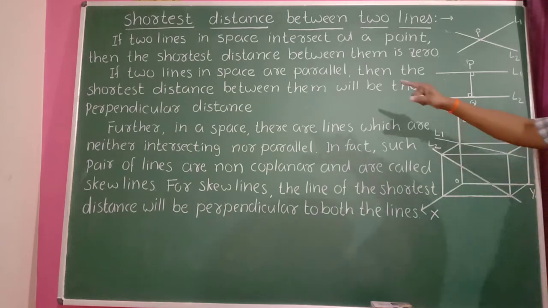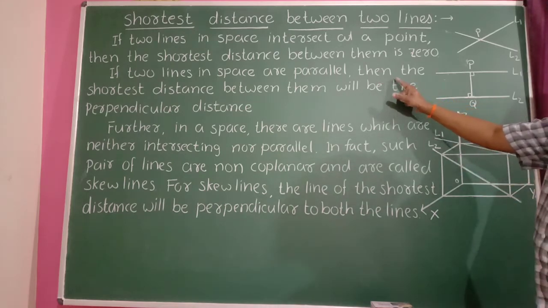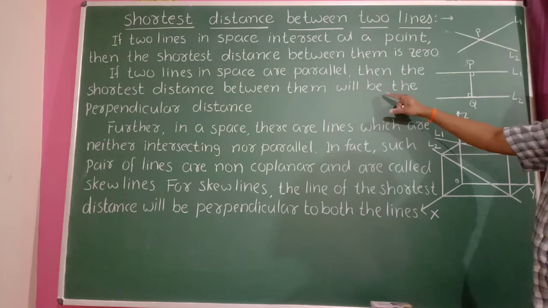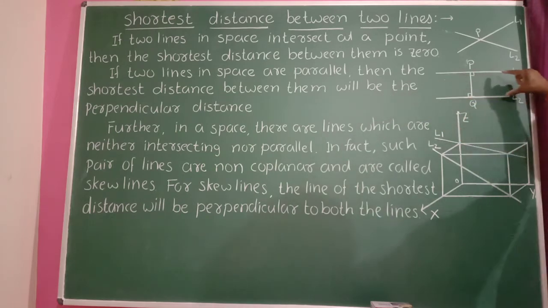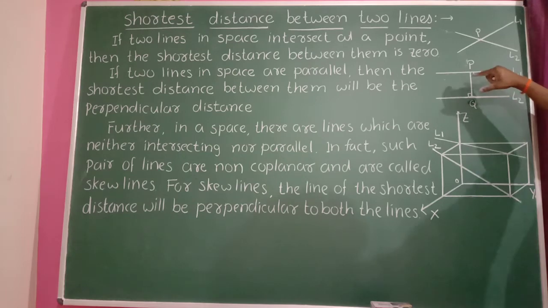Next, if two lines in a space are parallel, then the shortest distance between them will be the perpendicular distance. If two lines are parallel, then PQ is perpendicular to both lines. So this is the shortest distance. This distance is the same at any point. Okay, so it is perpendicular to both L1 and L2.